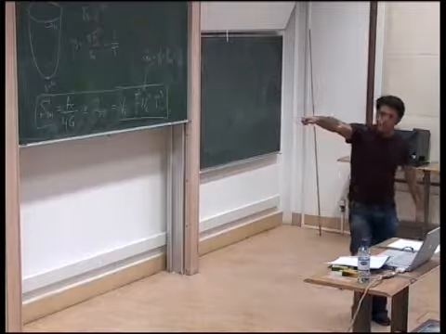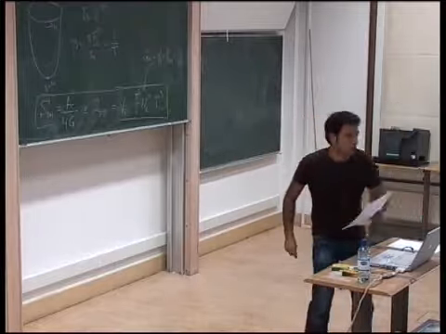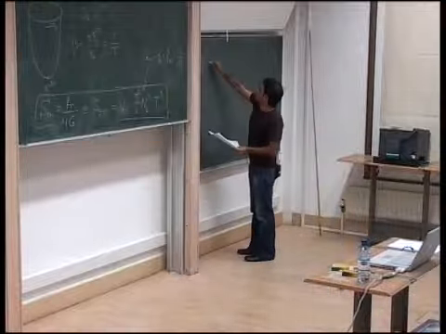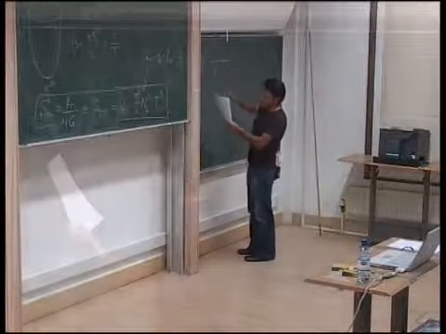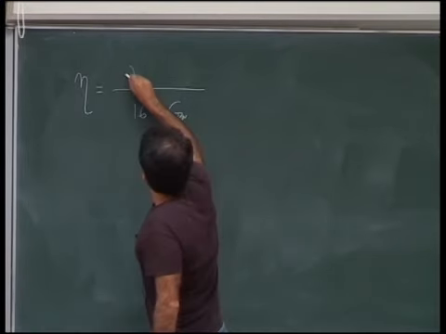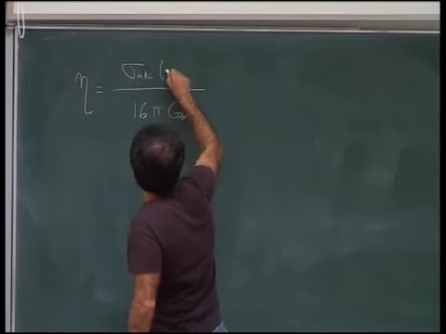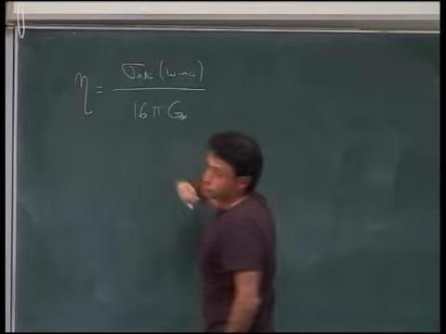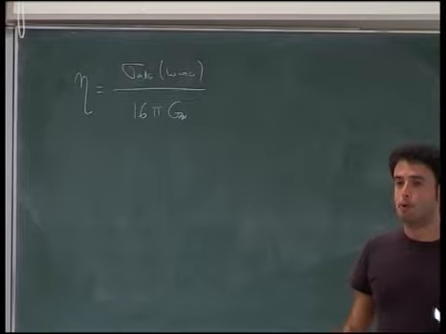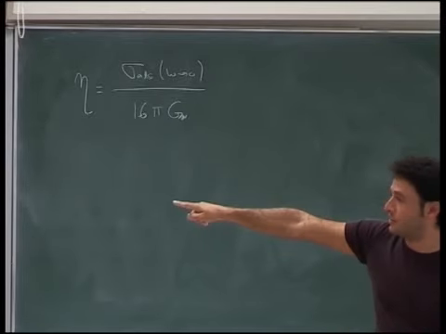using that prescription I gave you, you can actually show that it is equal to 1 over 16 pi G Newton times the absorption cross-section for a minimally coupled scalar in that metric.